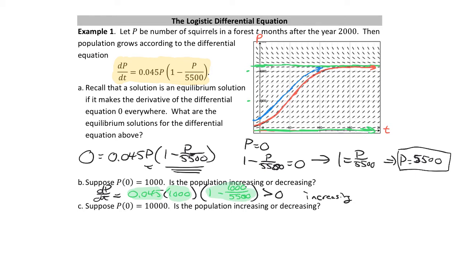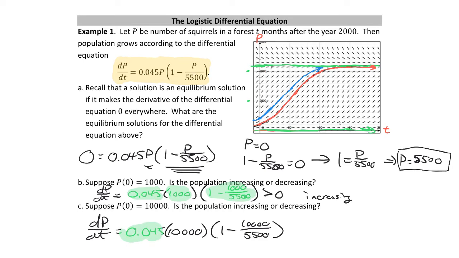How about if it's 10,000? Well, let's do the same analysis. dP/dt is still 0.045. Now we multiply by 10,000, and then we have 1 minus 10,000 divided by 5,500. Let's go factor by factor and determine their signs. 0.045 is still positive. 10,000 is a positive number.